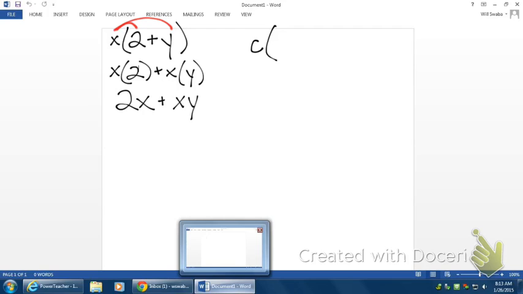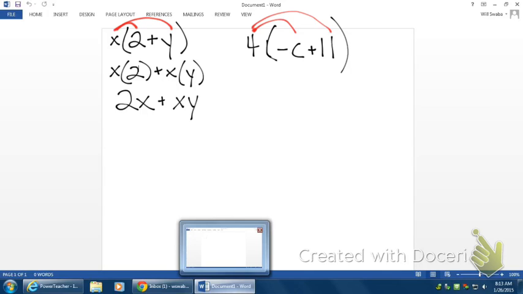Let's go with, I like this better. Okay, when you go to distribute this, all I'm doing is multiplying the 4 times the negative c and 4 times the 11.